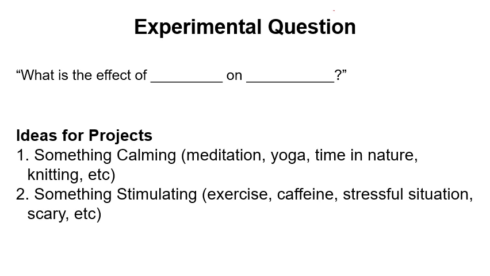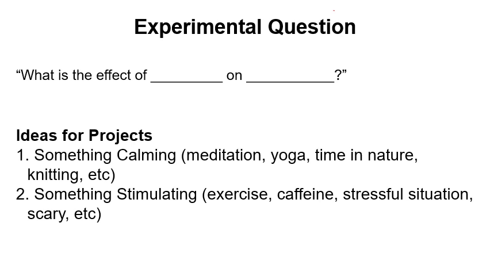The first blank is something that might affect human physiology. And our projects tend to group into two different categories. Some projects tend to be the effect of something calming, like meditation or yoga or time in nature.